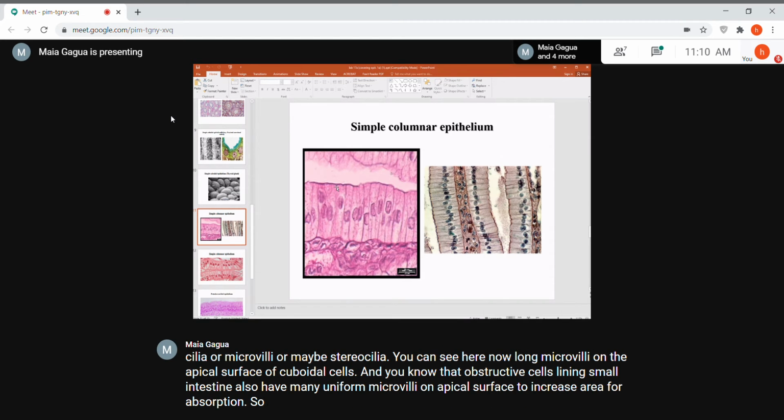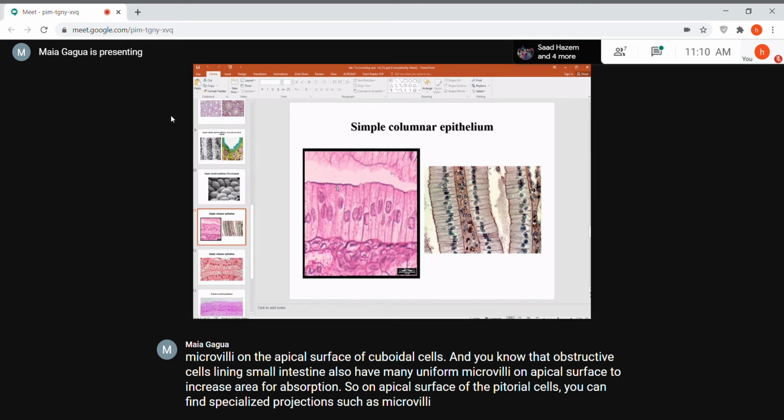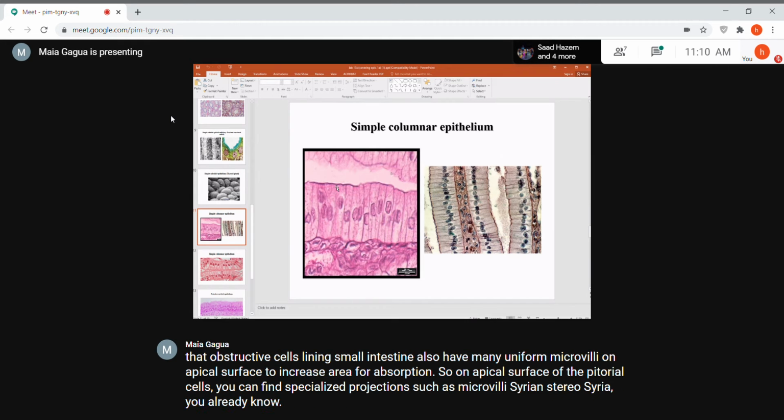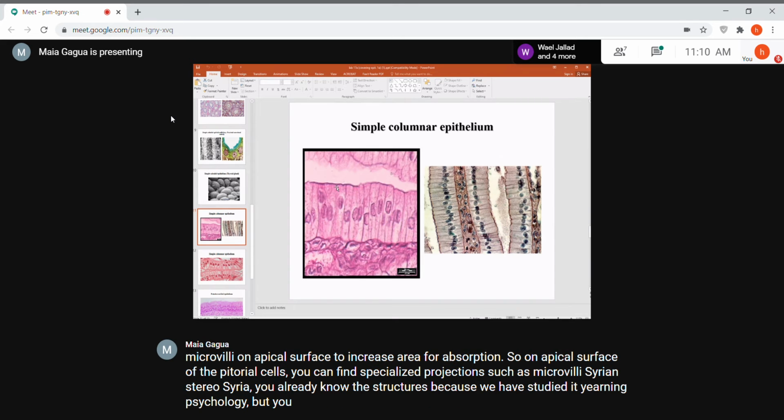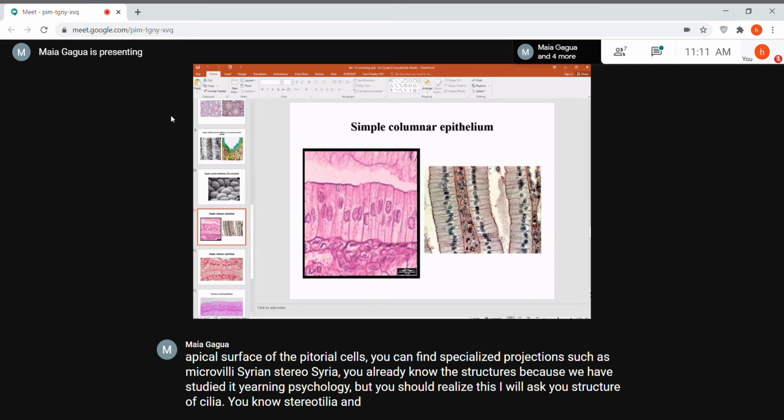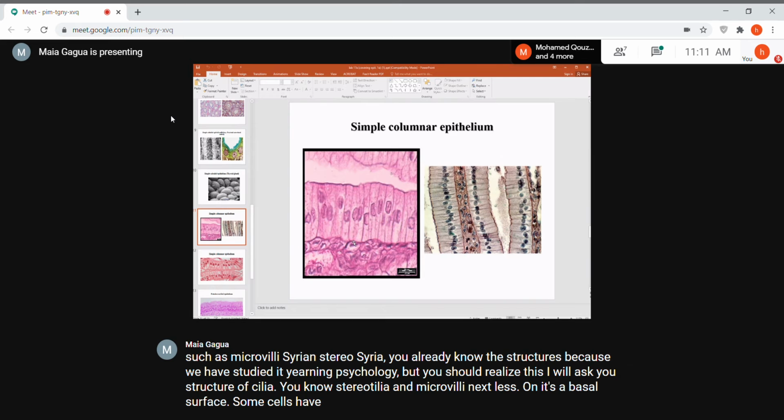So on the apical surface of epithelial cells, you can find specialized projections such as microvilli, cilia, and stereocilia. You already know the structures because we have studied it during cytology, but you should revise this. I will ask you the structure of cilia, stereocilia, and microvilli next lesson. At the basal surface, some cells have basal invaginations and they also increase surface area.